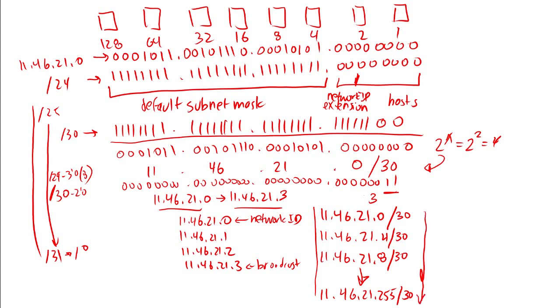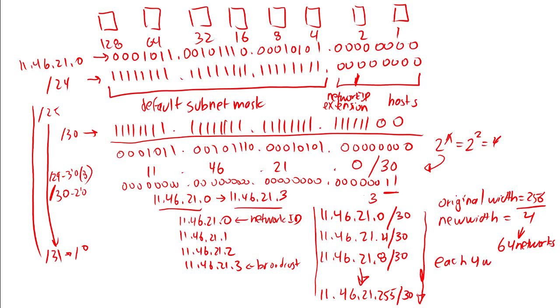You know the original width is 256 and the new width is 4, so you just divide and you get 64 networks, each 4 wide with 2 usable IPs.